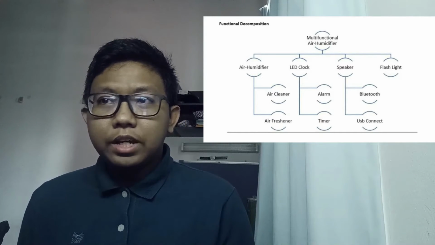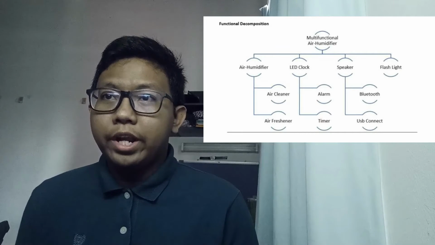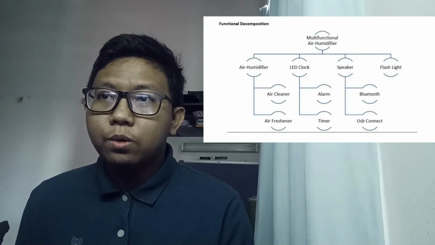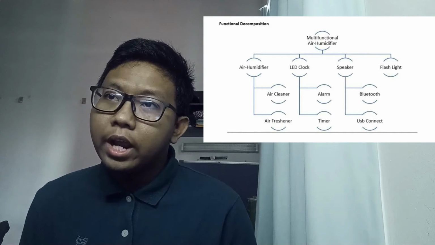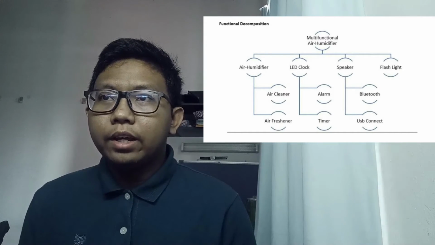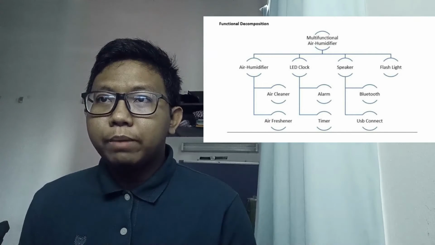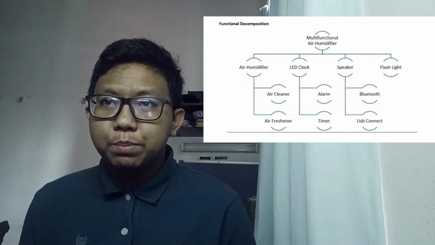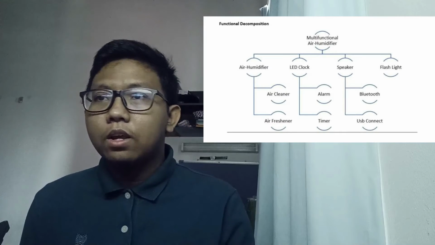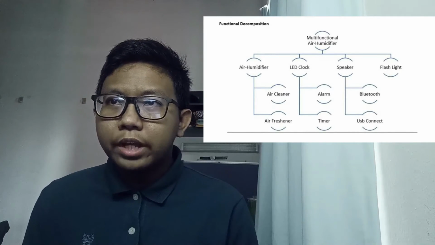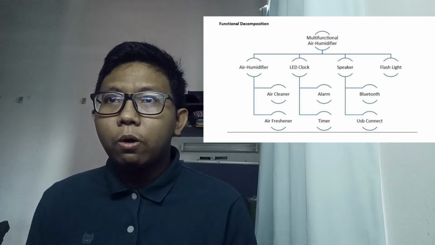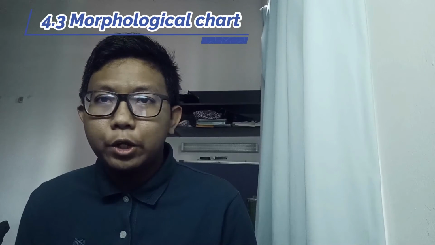Next is the speaker. The speaker produces audio output that can be heard by the user. Bluetooth can connect from devices such as a laptop or phone, and the USB connector can be used with a Type-C cable to connect the speaker with the devices. Lastly, the flashlight. This flashlight is a very important tool that could be useful in the dark or dimly lit places. Now I will present the morphological chart for this multifunctional air humidifier.